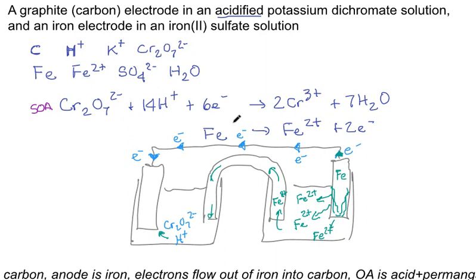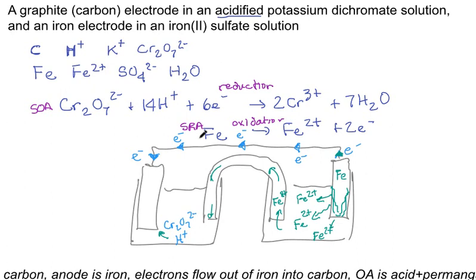That means our iron must be getting oxidized. If you oxidize other people, then you are getting reduced. Okay, so if you're the strongest oxidizer, you oxidize the other thing, you get reduced. So the reaction that happens to you is a reduction.